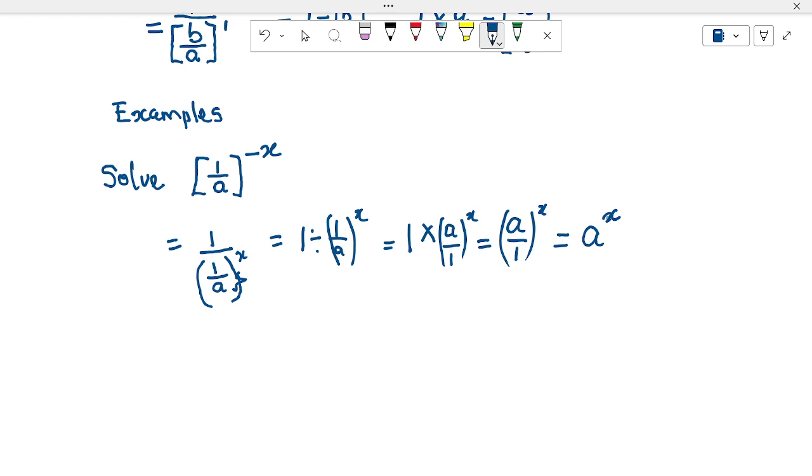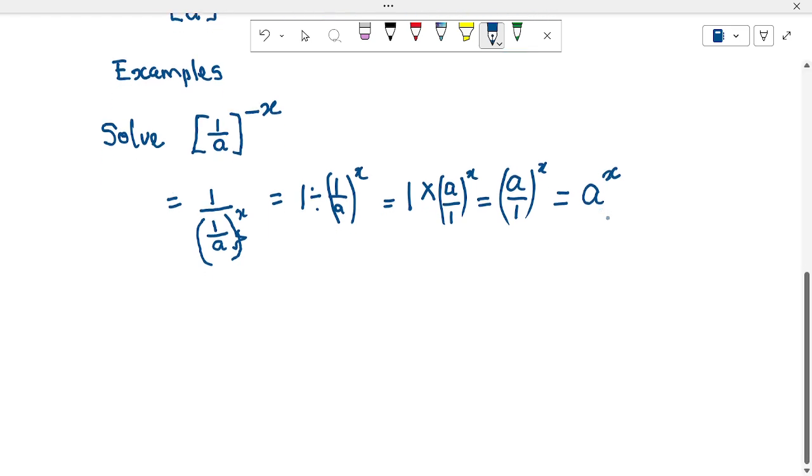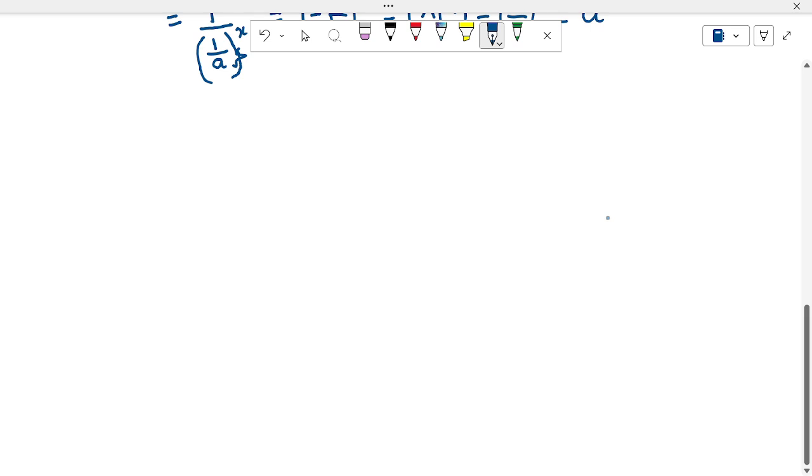Can we take another example? Two all over 5 raised to power minus 1.